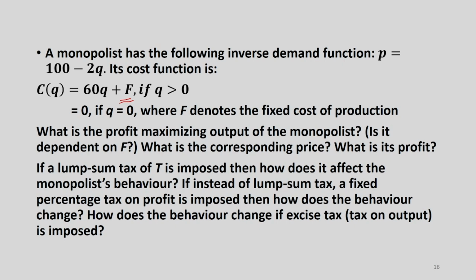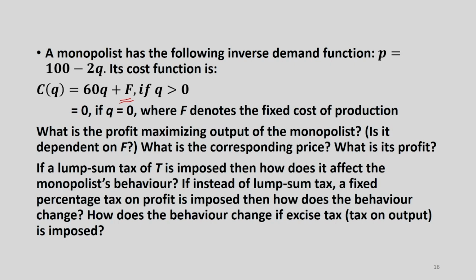And now we come to the second part. If a lump sum tax of capital T is imposed, then how does it affect the monopolist's behavior? Monopolist behavior means what is the quantity that it is going to produce, price it is going to charge, etc. If instead of lump sum tax, a fixed percentage tax on profit is imposed, then how does the behavior change?